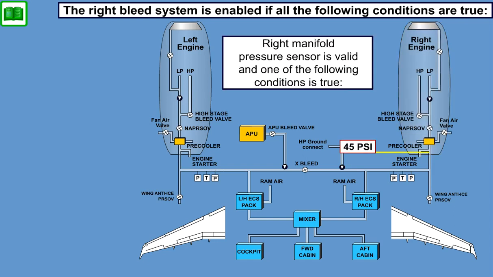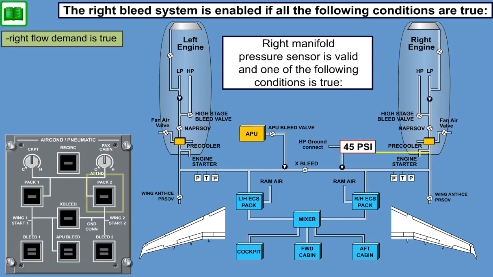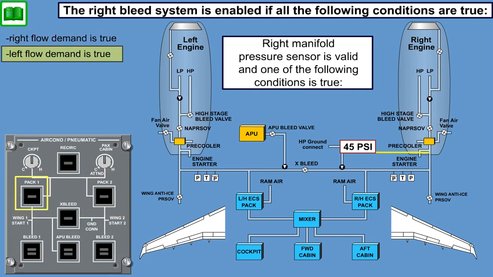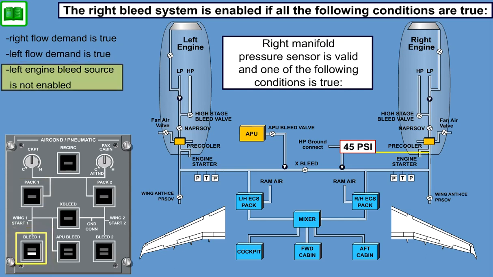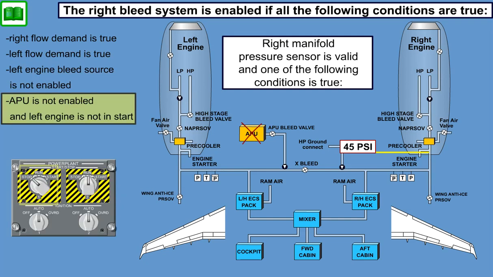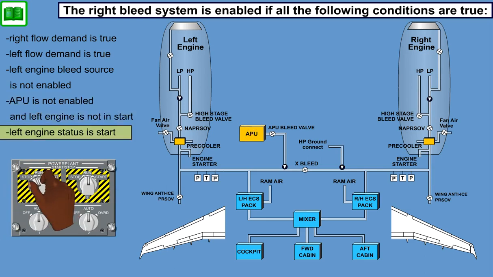Right manifold pressure sensor is valid, and one of the following conditions is true: right flow demand is true; left flow demand is true, the left engine bleed source is not enabled, the APU is not enabled, and the left engine is not in start; or left engine status is start.